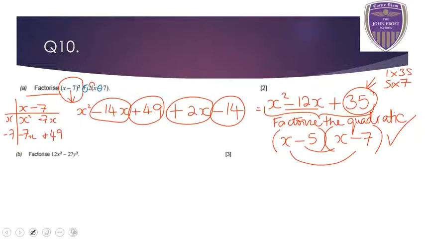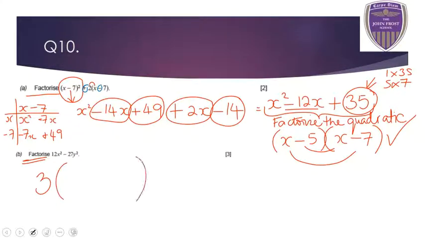Now, part B is another one where we've got to factorize. There aren't any brackets at the start, so you've got to take it as it is. So first of all, look for a highest common factor of 12 and 27. Now, 12 and 27 are both multiples of 3. So I'm going to take out 3.